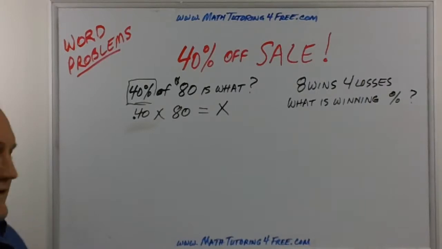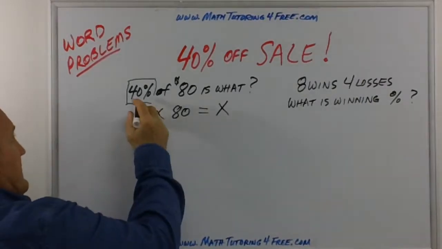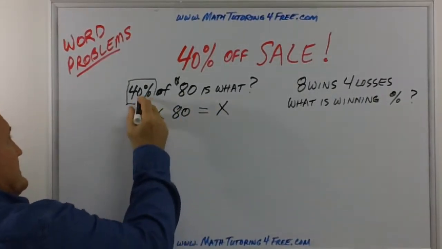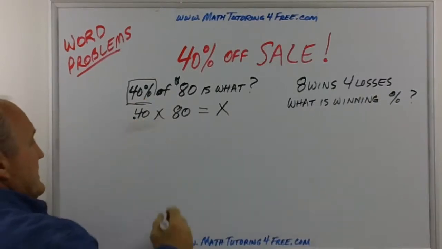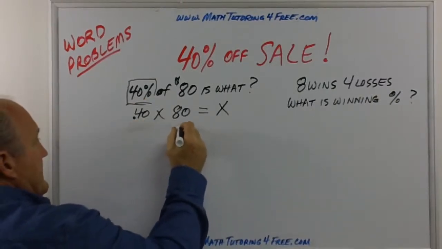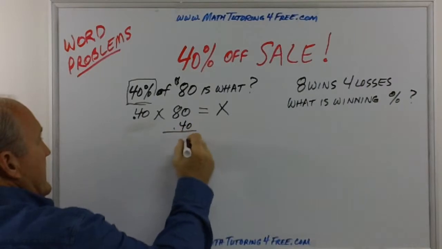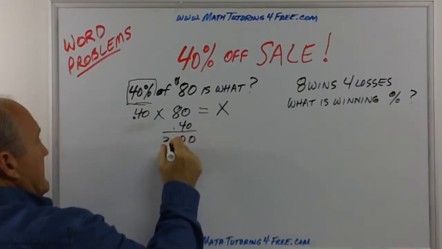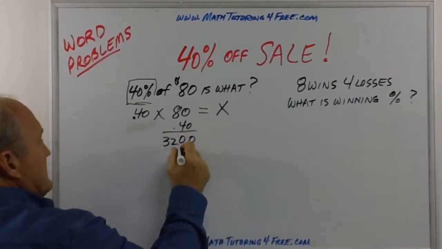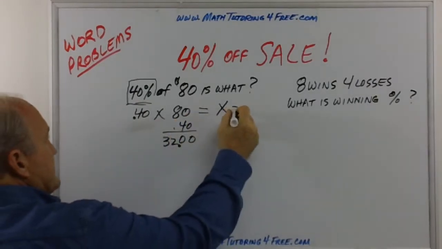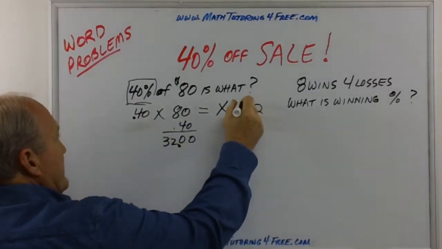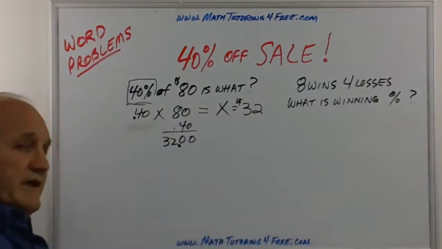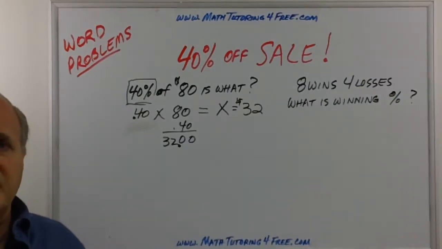So this is a fairly simple problem. We want a percent of a number, all we do is change that percent to a decimal and then multiply. 0.40 times 80, 32, two decimal places, so x is equal to 32. Now, is that what we pay for this product?